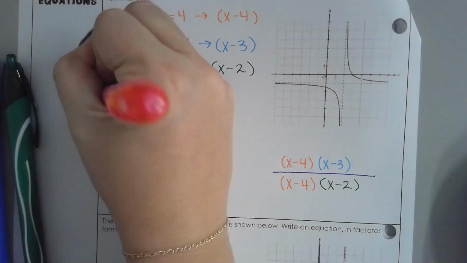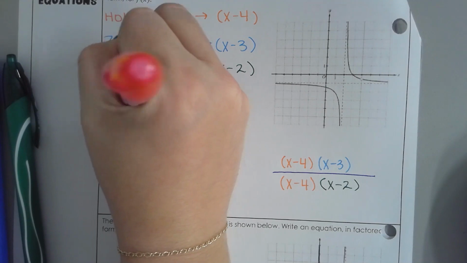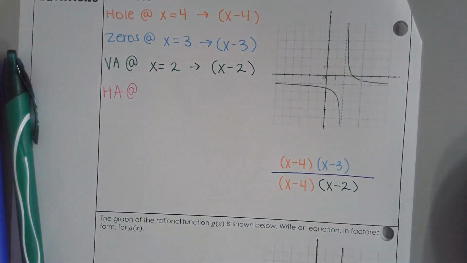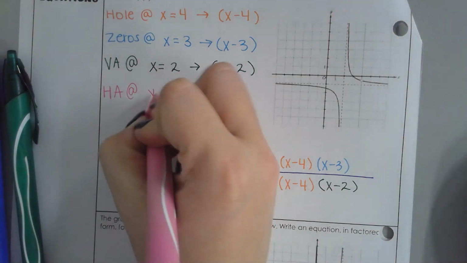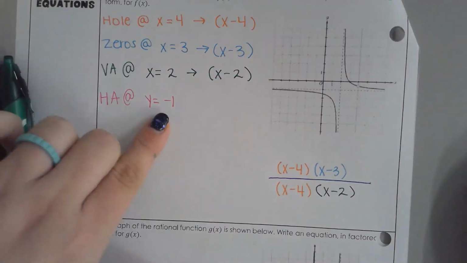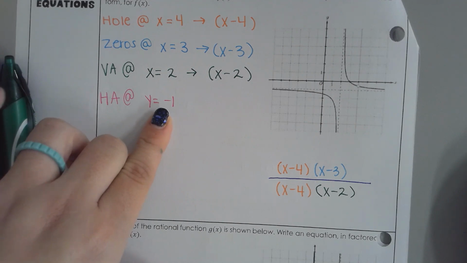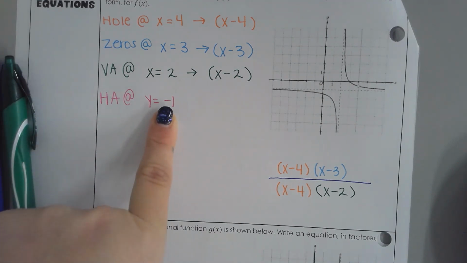All right. Horizontal asymptotes. What is that? It's y equals -1. Now, this doesn't mean that I have a factor of y plus 1 somewhere.